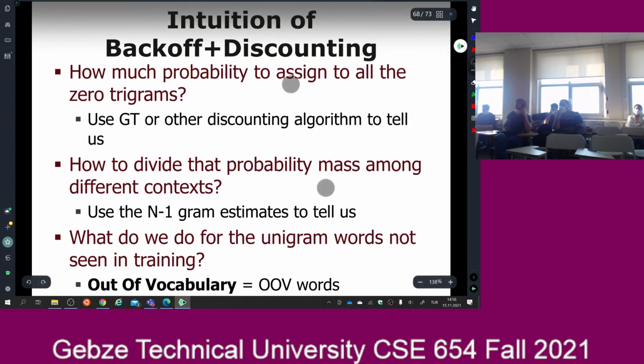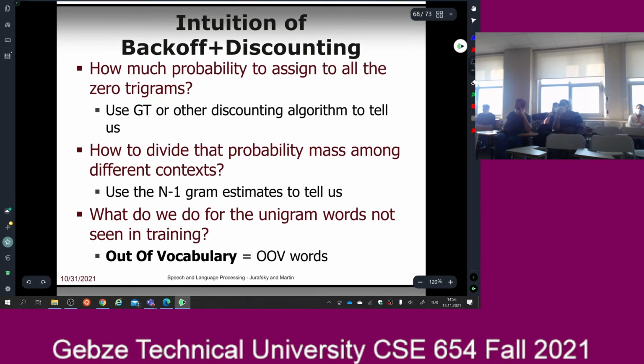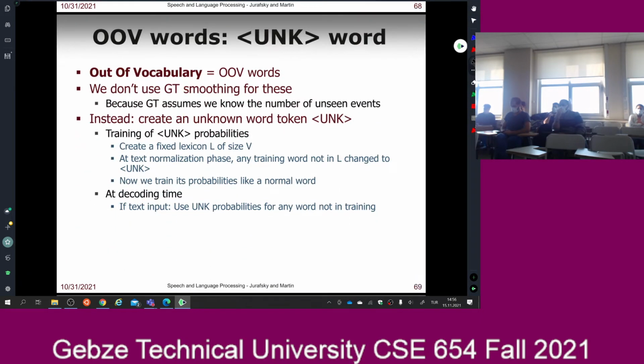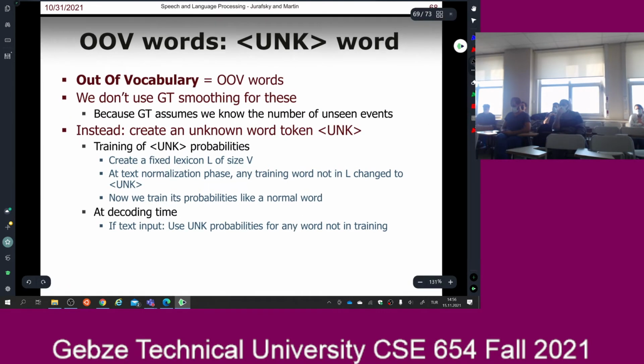We talked about this. Out of vocabulary words, again, we talked about this, or unknown words. Unknown words are very different from the words that you did not see before. For the out of vocabulary words or the unknown words, we don't use GT smoothing or any type of smoothing.